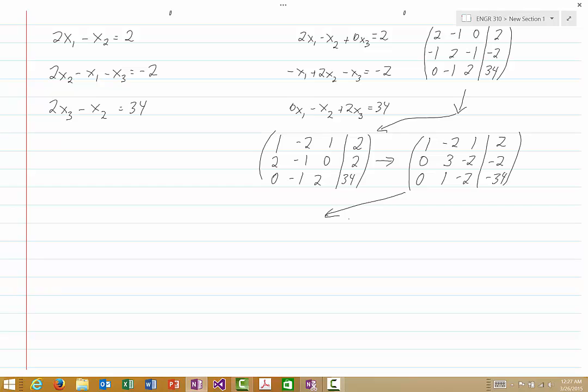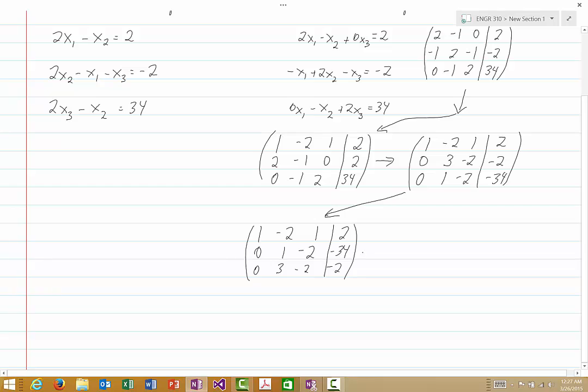I'm just doing what's easy for me to do, trying to avoid fractions and do this as simply as possible. So I would have 1, -2, 1, 2, and I'm going to interchange the second and third row. 0, 1, -2, -34, 0, 3, -2, -2.